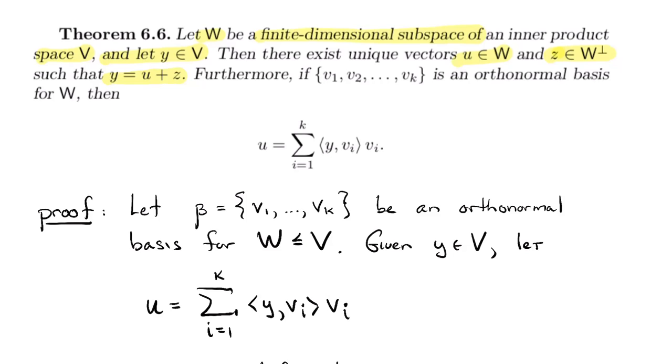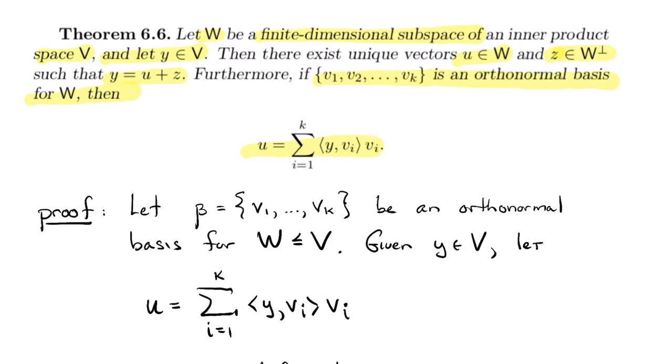And moreover, if you take an orthonormal basis for the subspace W, there's an explicit formula for how to find that vector u. You just take the inner product of y with v_i for every i, making those the coefficients. They look like Fourier coefficients.